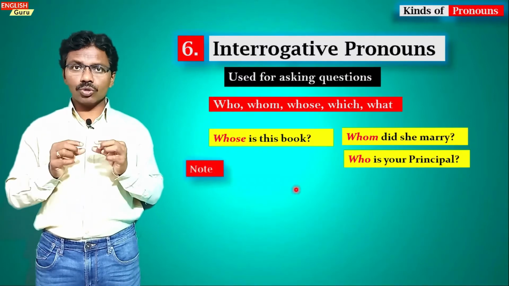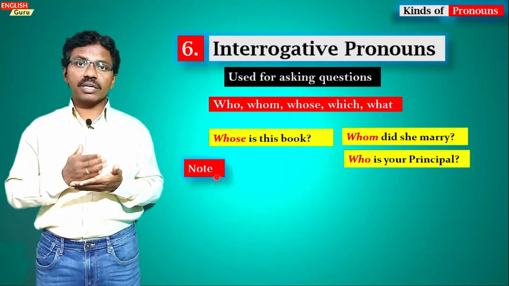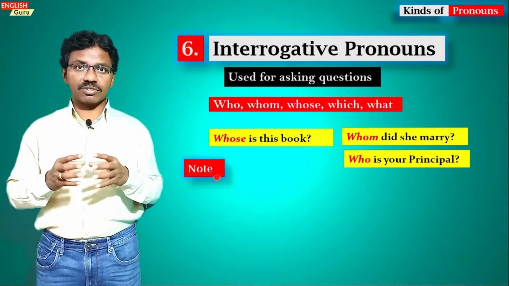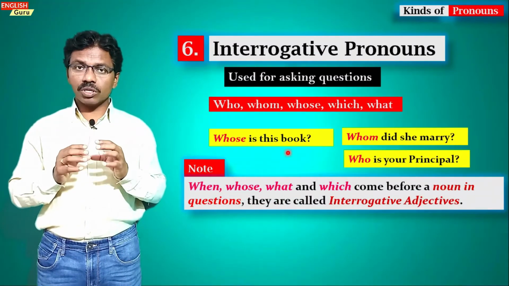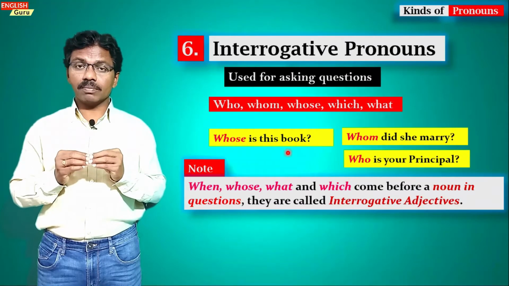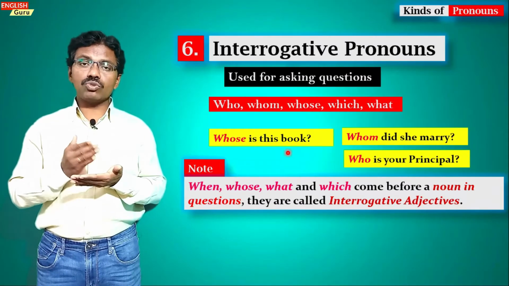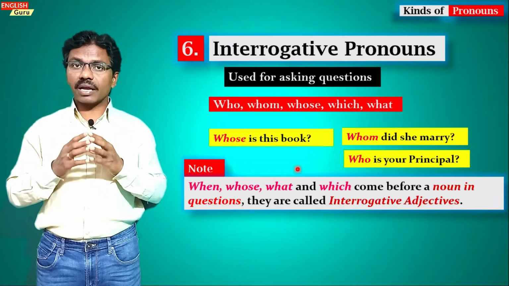But there is some note. We have to distinguish between interrogative pronouns and interrogative adjectives. If a noun follows these interrogative words, we have to be very careful, then it becomes an interrogative adjective.